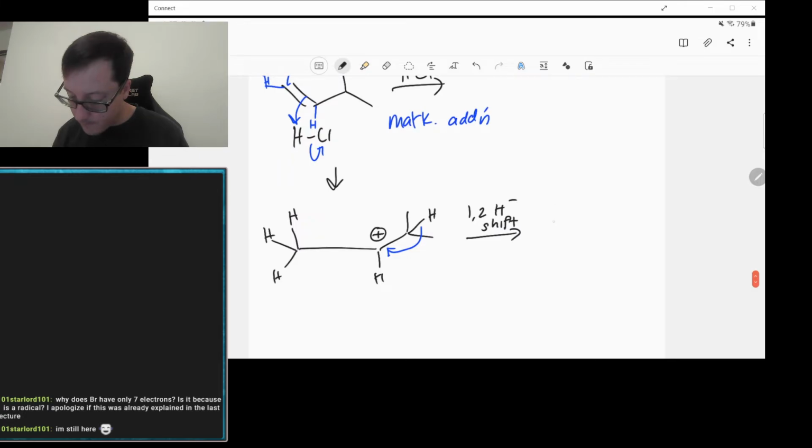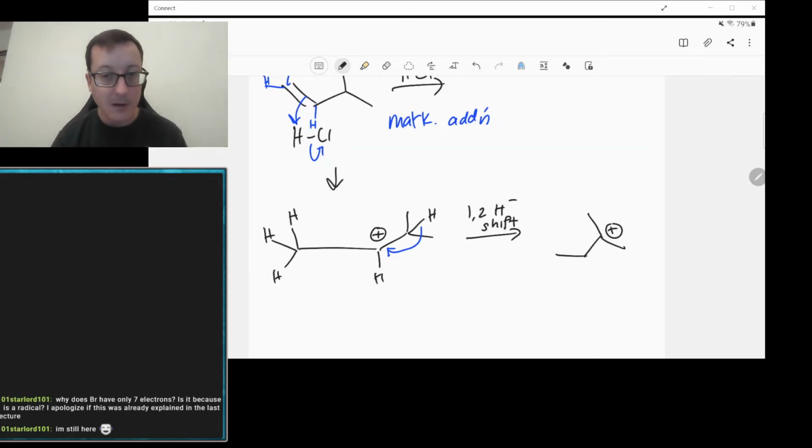Without putting all those hydrogens, I'm just going to omit them, but we now have our carbocation on the tertiary position. Remember, carbocations will always rearrange to make themselves as stable as possible. So we now have 2 hydrogens there, and we have still the 3 on that carbon. So we've moved a hydrogen over.